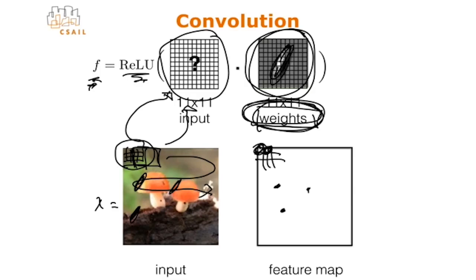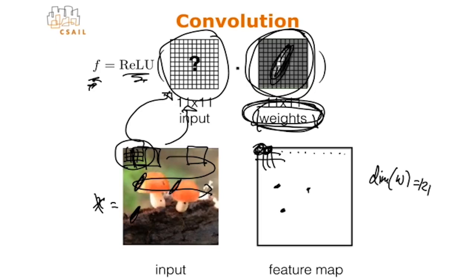So now the transformation from the input image to a feature map involves only 121 parameters. But we get a feature map where each location, each activation of the units, tells us how much that feature is present in the corresponding location.